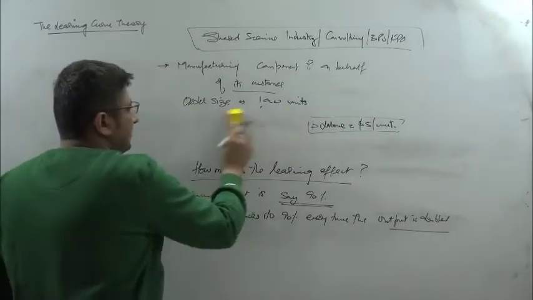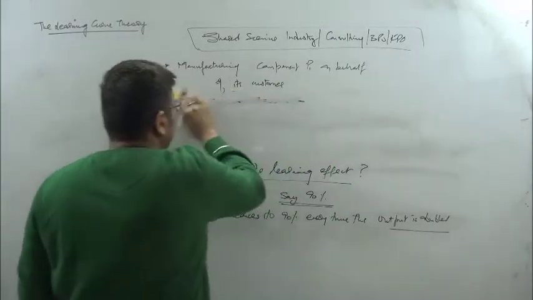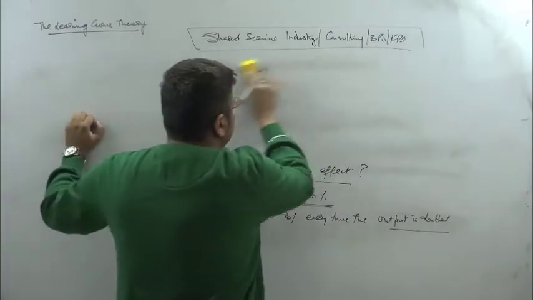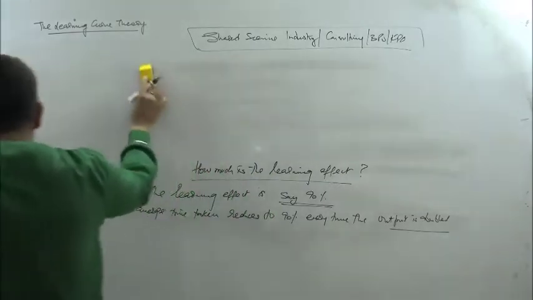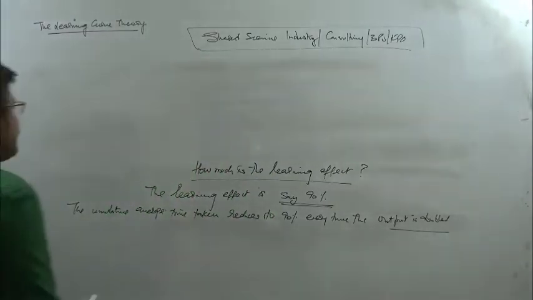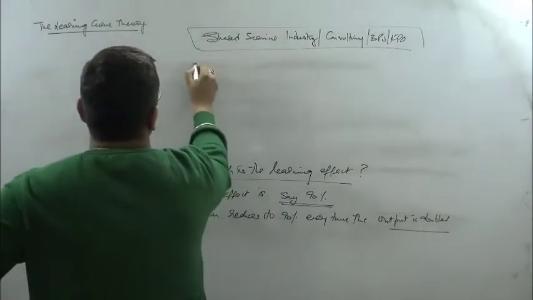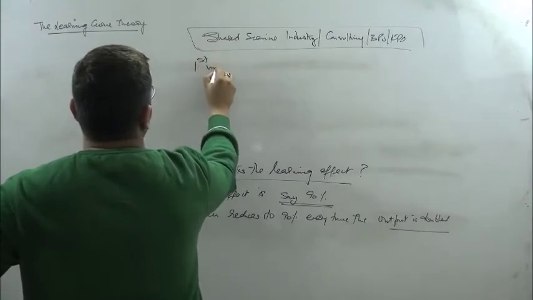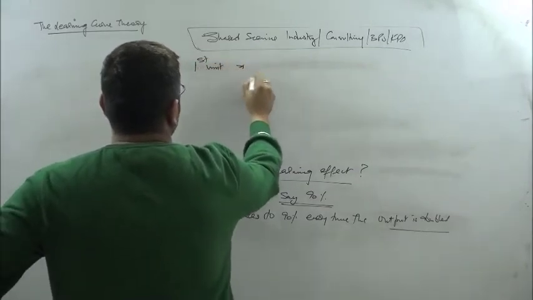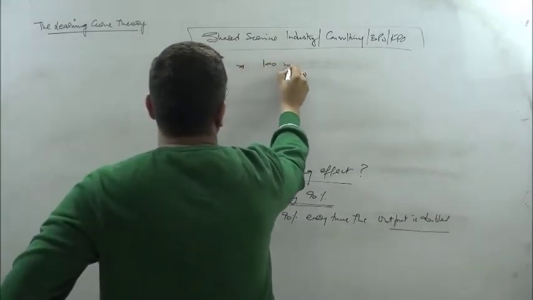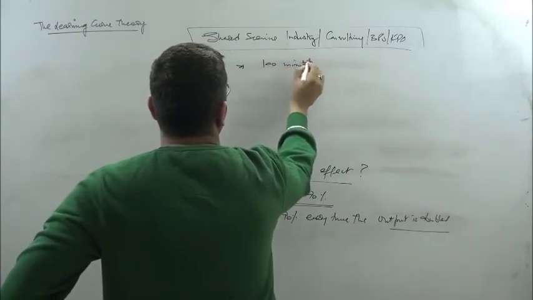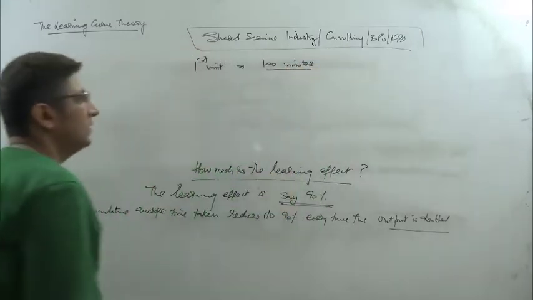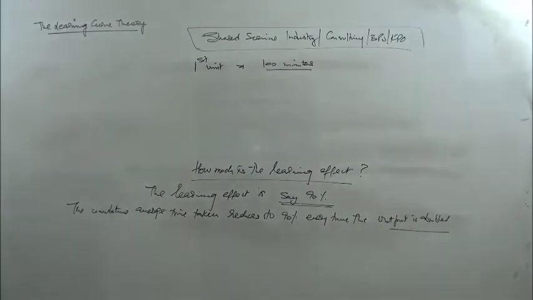We are saying that, for example, my first unit takes, let us say, 100 minutes. It takes 100 minutes to be made.